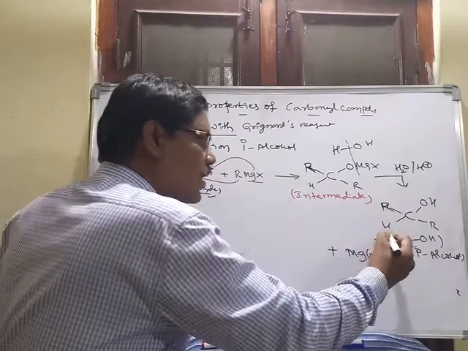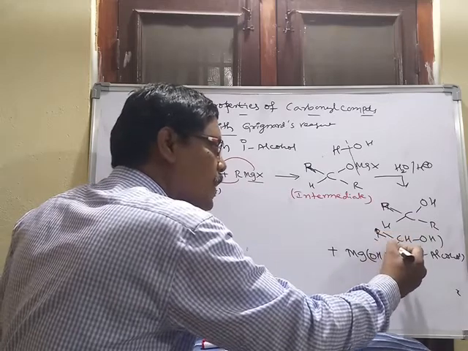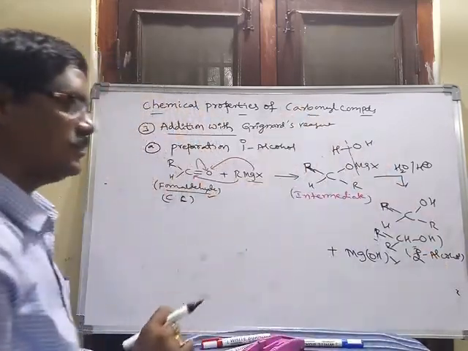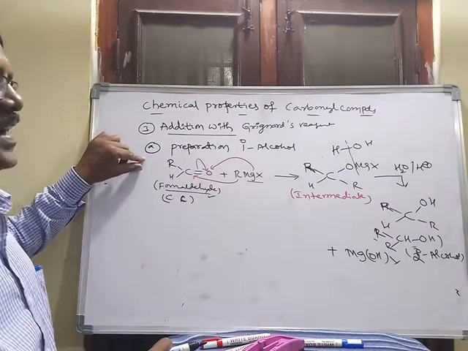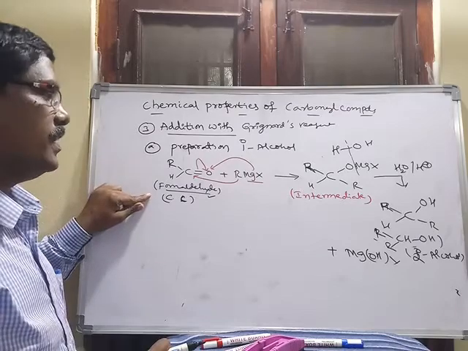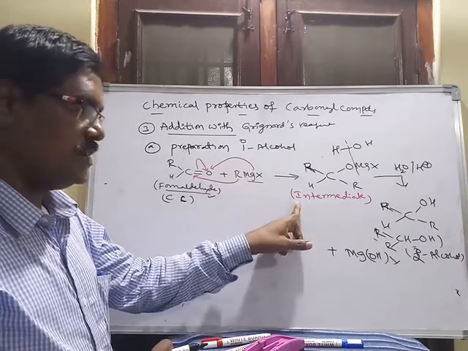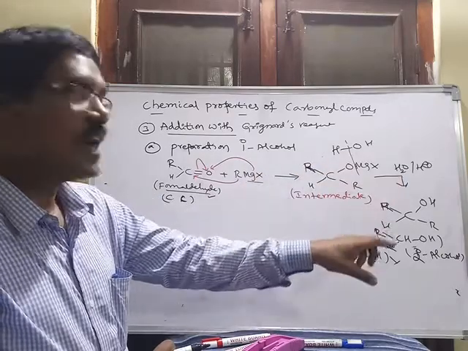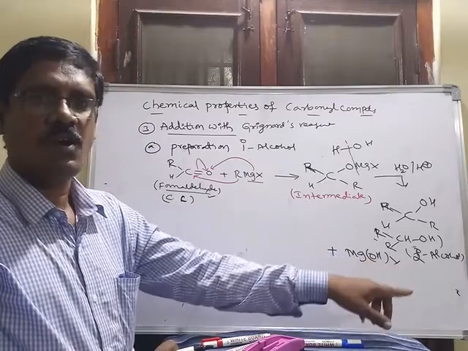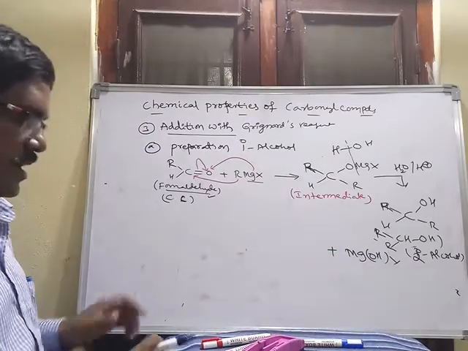So this is one alkyl group, this is another alkyl group. This is called a secondary alcohol. That's why the statement is that aldehydes other than formaldehyde react with Grignard reagent, forming an intermediate which on acidic hydrolysis gives secondary alcohols. This is about the secondary alcohols.